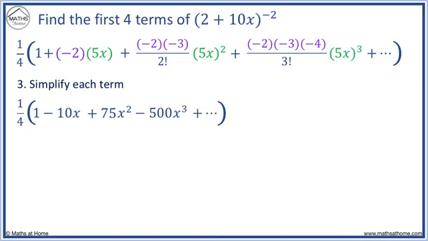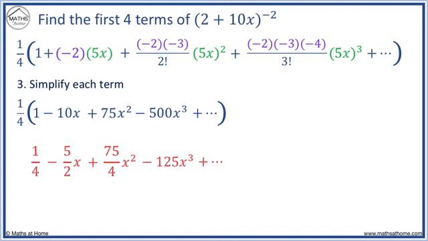Now we have simplified, we just need to multiply each term in the brackets by 1/4. 1 times 1/4 equals 1/4. -10x times 1/4 equals -5/2 x. 75x squared times a quarter equals 75/4 x squared, and -500x cubed times a quarter equals -125x cubed.